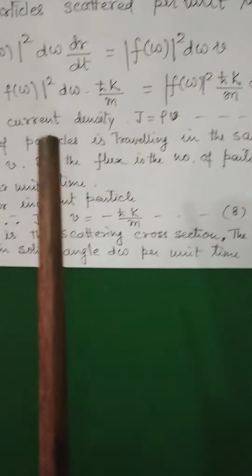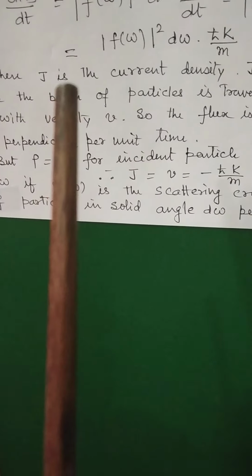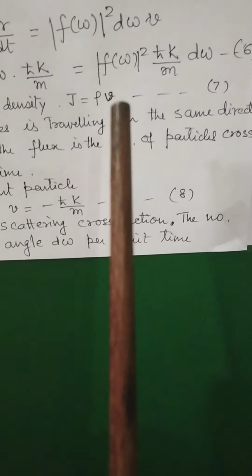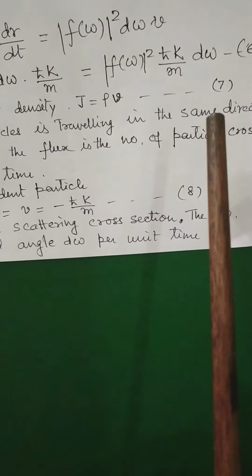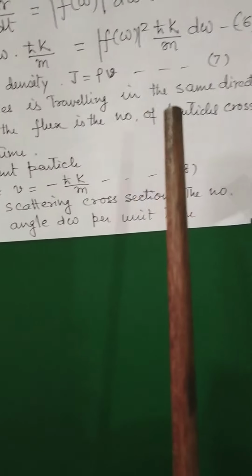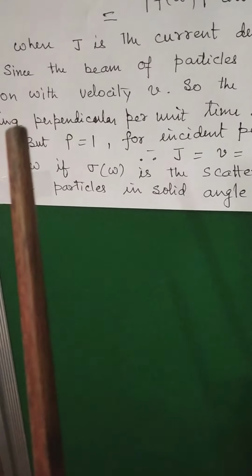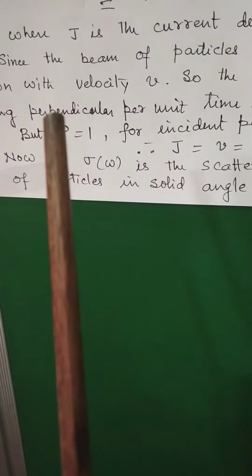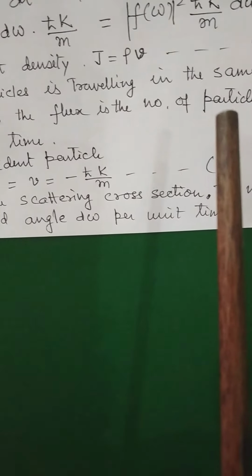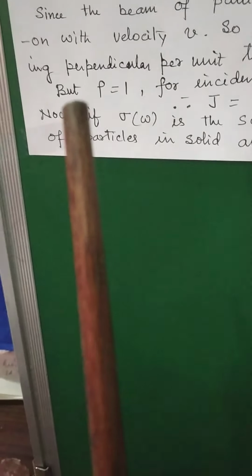This is equation number 6, where J is the current density and J is equal to rho V. This is equation number 7. Now, since the beam of particles is traveling in the same direction with the velocity v, the flux is the number of particles crossing perpendicular per unit time.